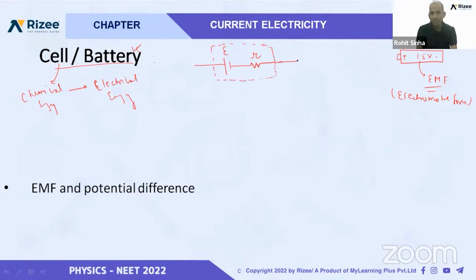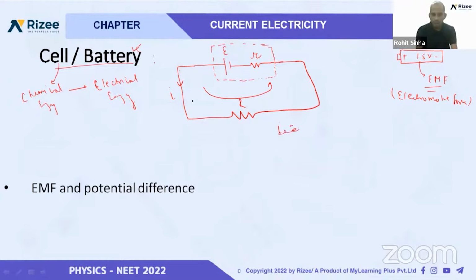Now let us suppose we have connected it to a clock. Say the resistance of the clock is R, then the current will flow through this path. Let us suppose I flows through here like this. How will we write I?